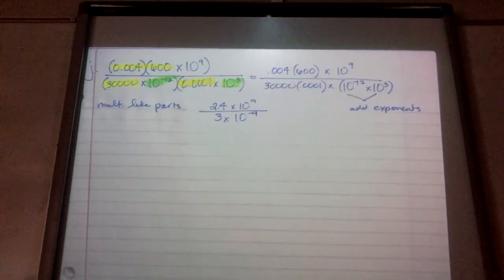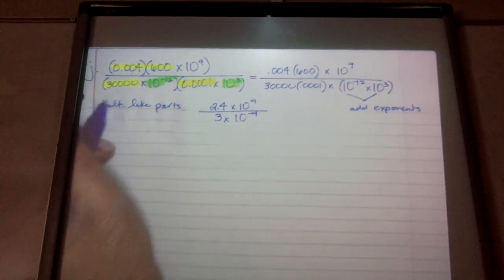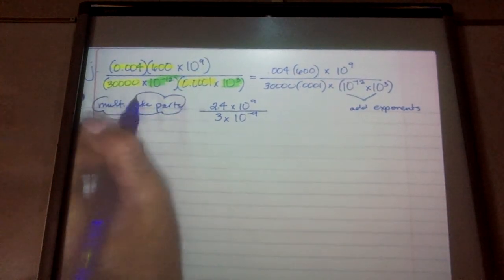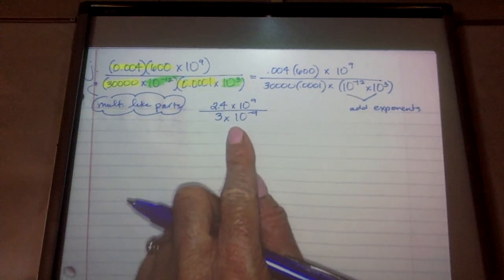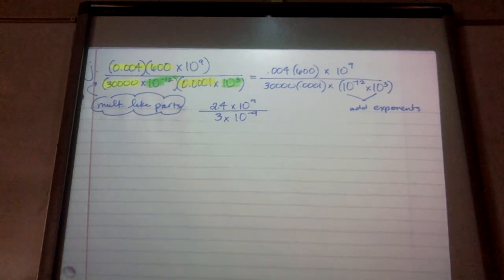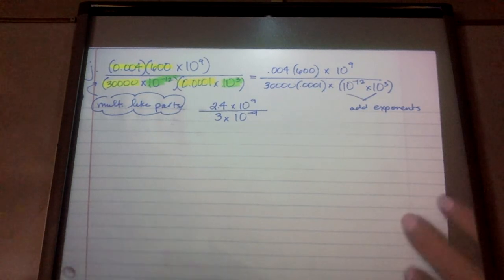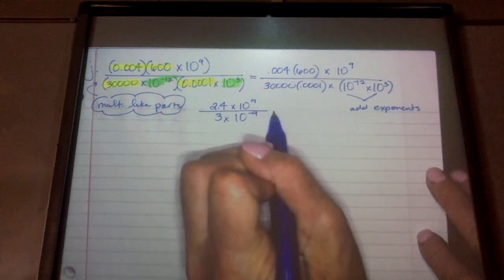From here, I can now divide like pieces, okay? And so that is exactly what I'm going to do. We can write the real answer in numerical form, or I can write the decimal answer, but I am going to divide these.